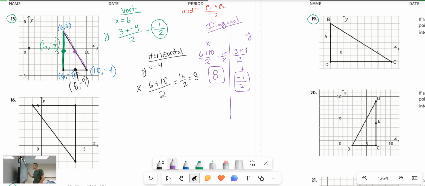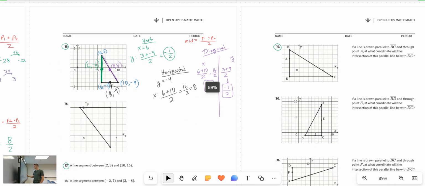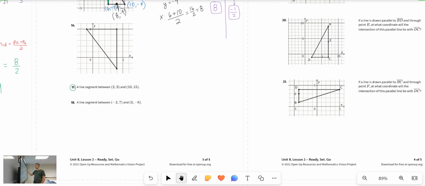The midpoint there is 8 comma negative 1/2. All right, and those are the 3 midpoints for the 3 line segments on this graph. Right, let's keep going.